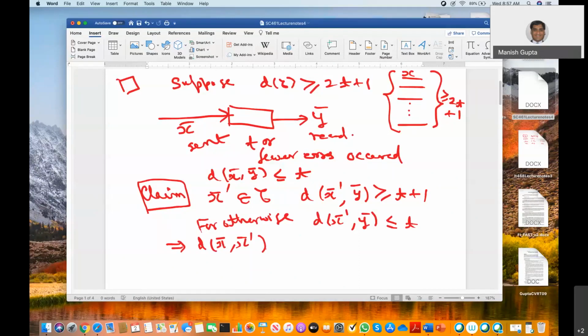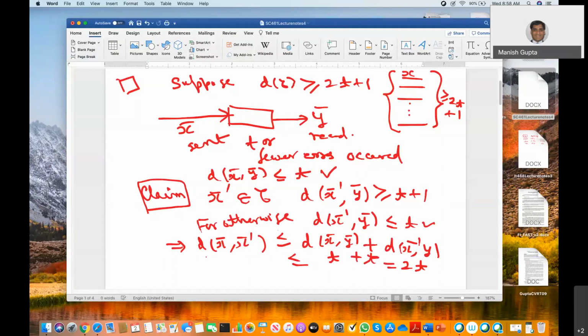If I pick any two code words, the minimum distance between them is d. So the distance between X comma X prime cannot exceed, by triangular inequality, the distance between X comma Y plus the distance between X prime comma Y. Now the distance between X comma Y is less than or equal to T, and from this condition we have T. So overall it is 2T, right?